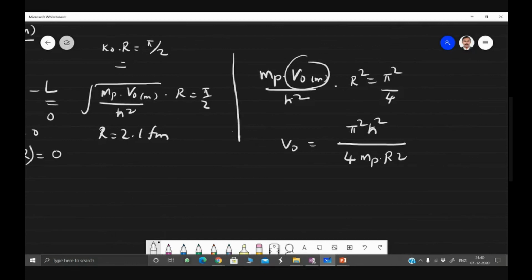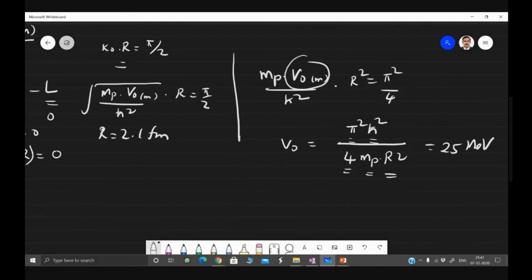Okay. So we know the values of all these factors. Pi square is a constant, ħ square is a constant, 4 mass of the proton, and R we can use from the experimentally measured value. And for that value of R, V naught comes out to be around 25 MeV.